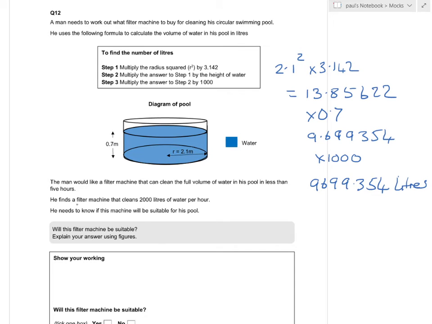Now, the man would like a filter machine that can clean the volume of water in less than 5 hours. He finds one that does 2000 litres of water an hour. So now we take the 9699.354 and divide that by 2000, and that'll tell you how many hours it takes.